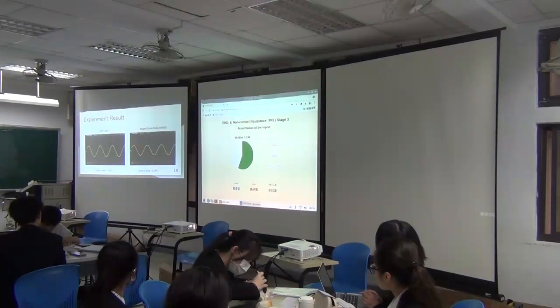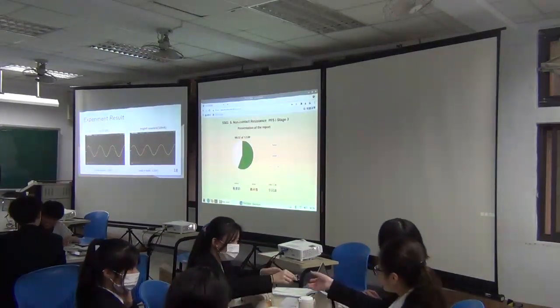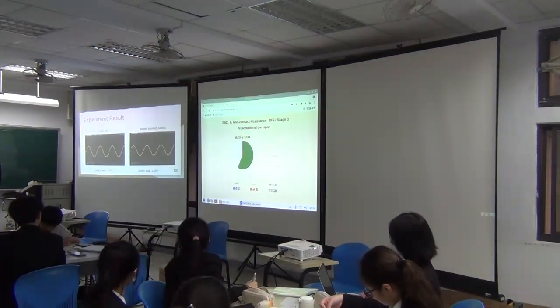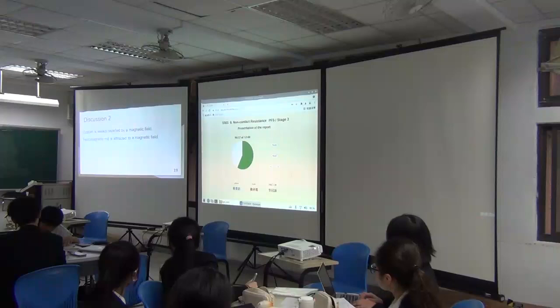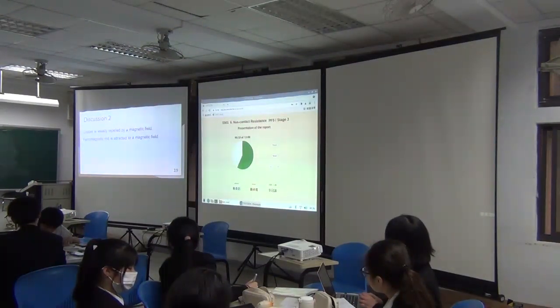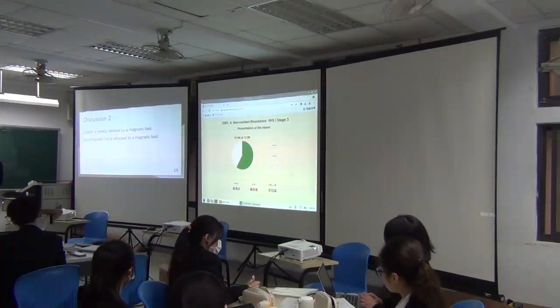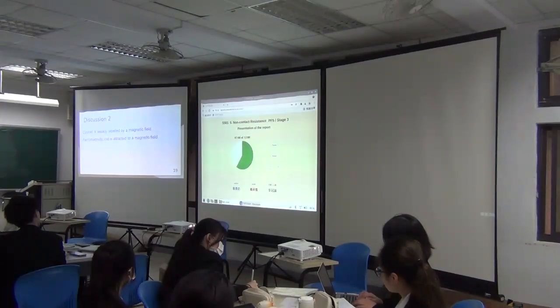Here's the third part of this experiment, where we insert magnets into the coil, and we discovered that copper is quickly repelled by the magnetic field, and the ferromagnetic rod is attracted to the magnetic field, as shown by the change of the voltage.